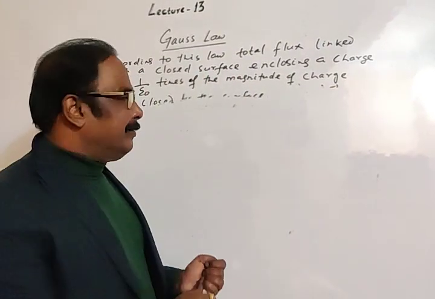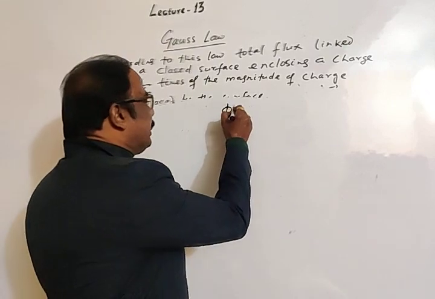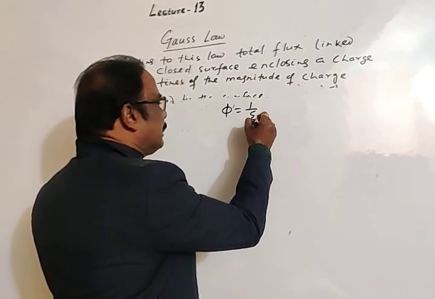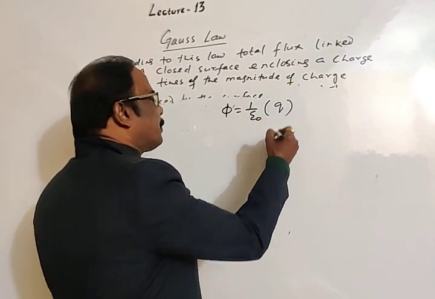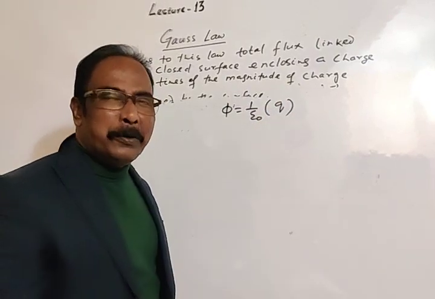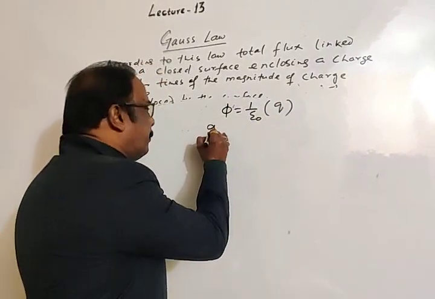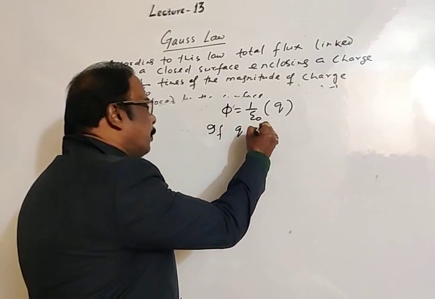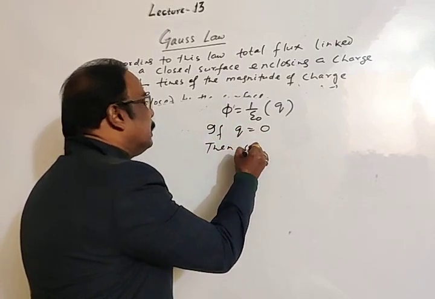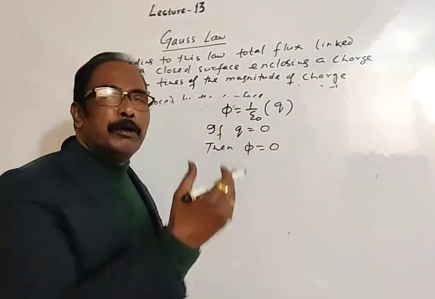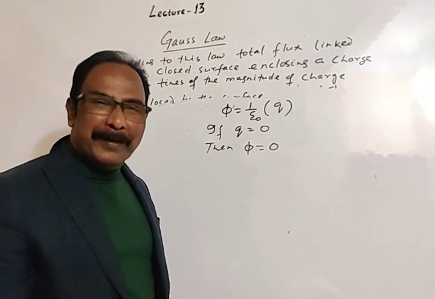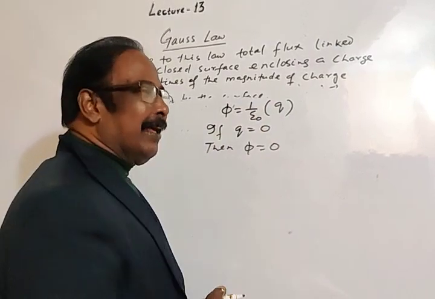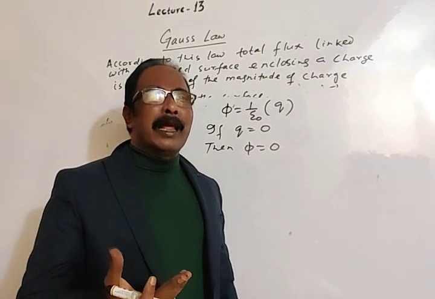According to Gauss law, total flux associated with any imaginary surface is 1 by epsilon naught times the charge enclosed by the body. So if the charge enclosed by the body is 0, then obviously the flux linked to the surface is 0. Thus, the outcome is like that.